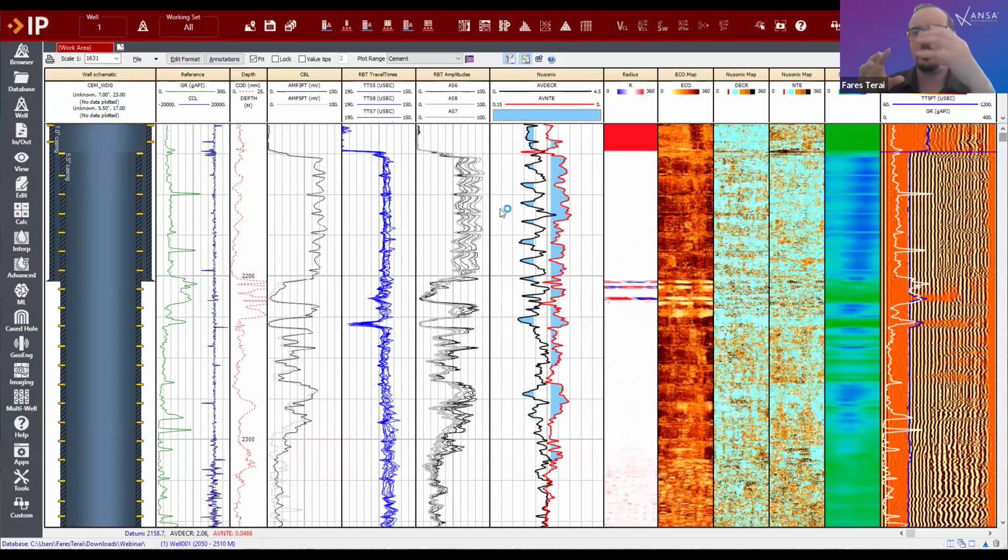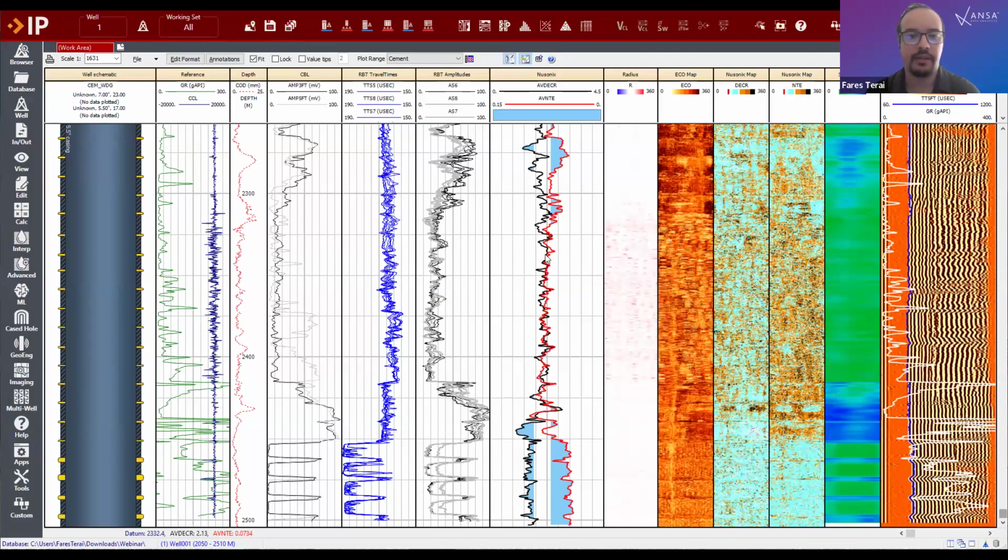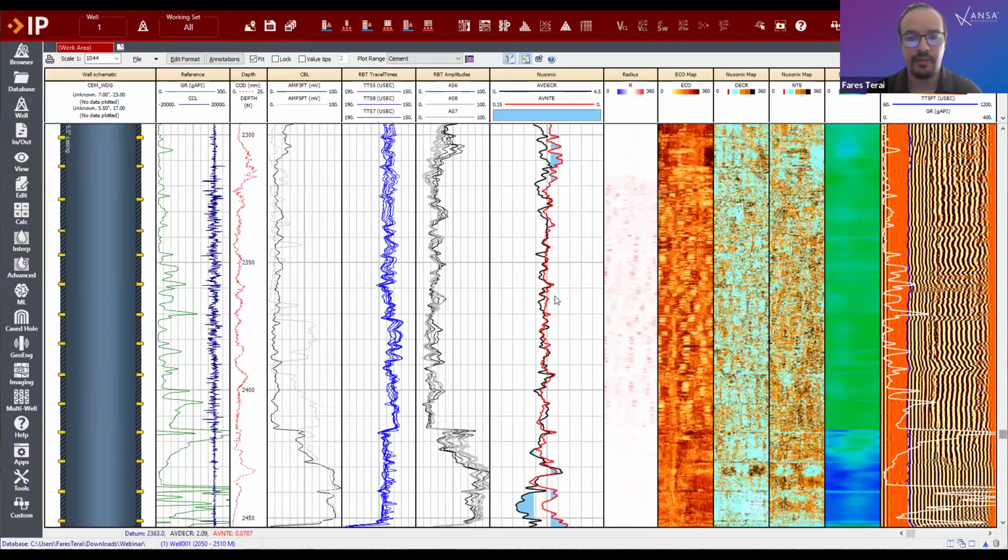And this means we can picture the presence of potential microannulus by comparing how the impedance changes horizontally, and how we do it practically here in the log. What I like to do is overlap the average Decker and average NT in a steady, well-cemented zone, which we're fortunate here to have.